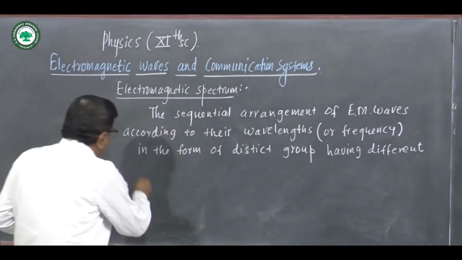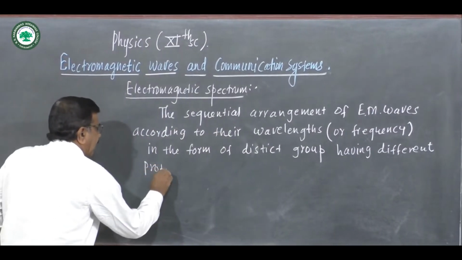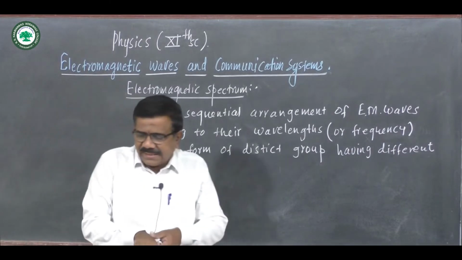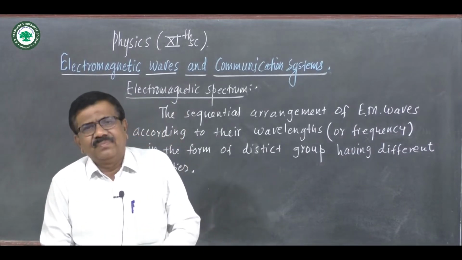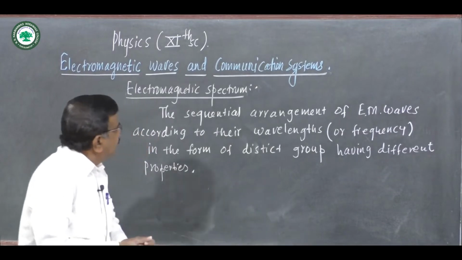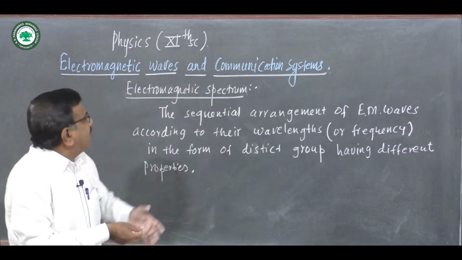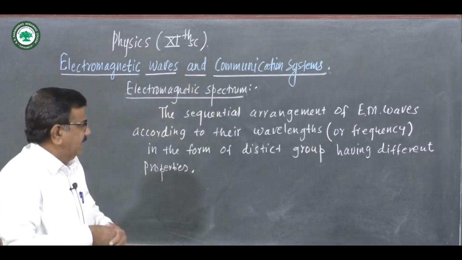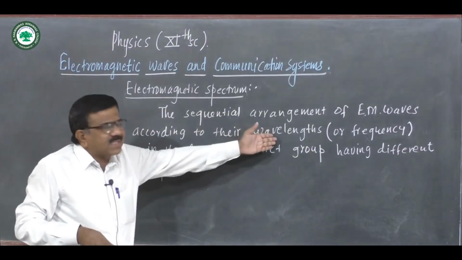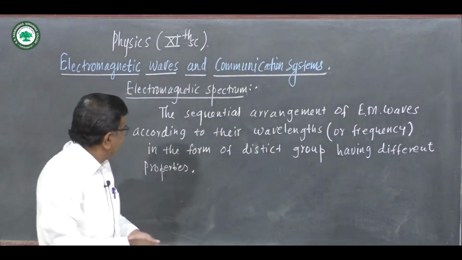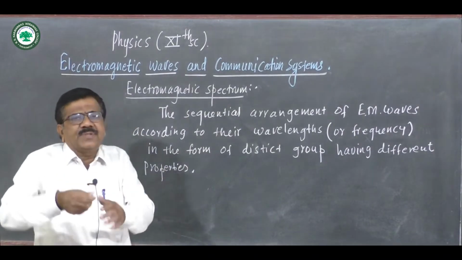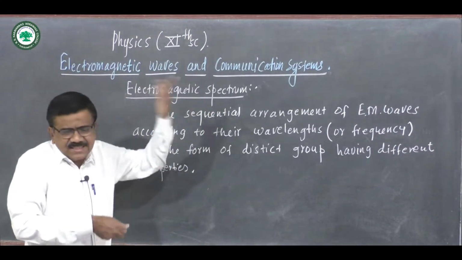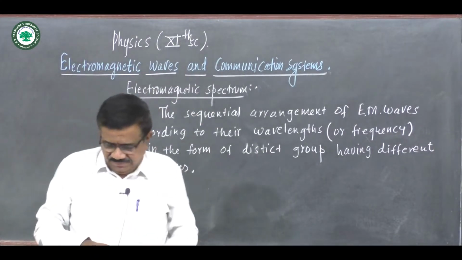The electromagnetic waves are sequentially arranged according to their wavelengths or frequencies in the form of different groups having different properties, and this is called the electromagnetic spectrum.